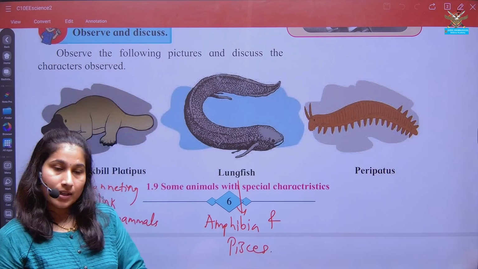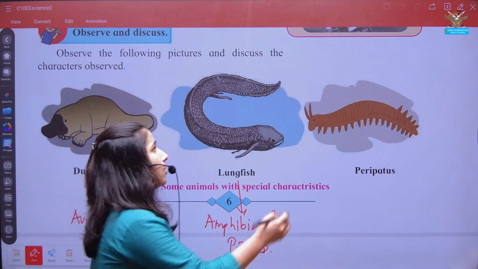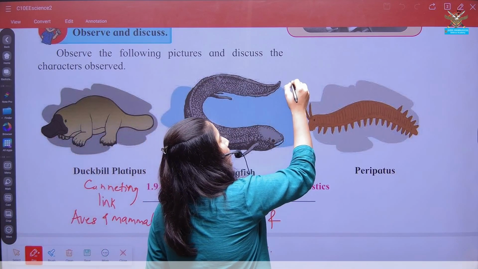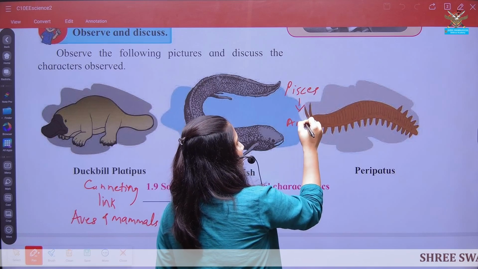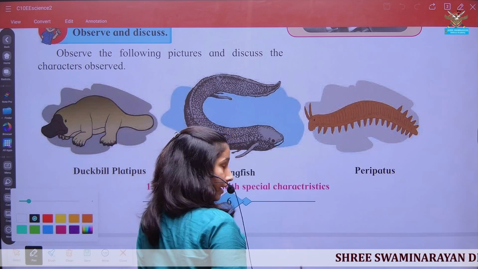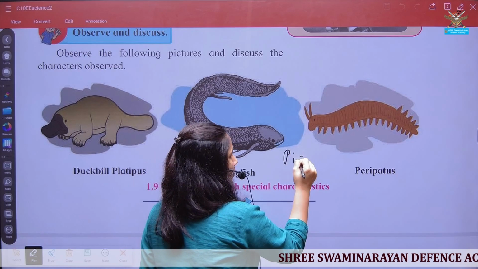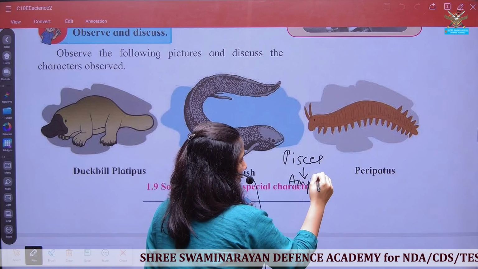So you can see the gradual evolution from Pisces to amphibia. The evolution is seen from Pisces, that is from fishes, to amphibia.